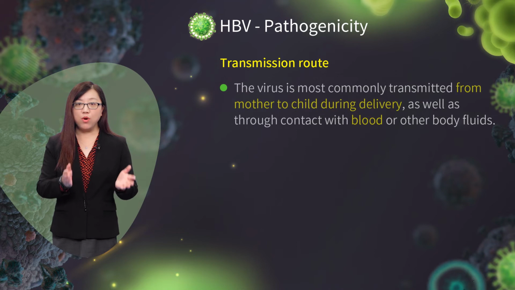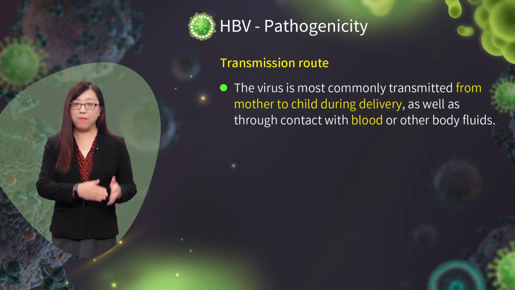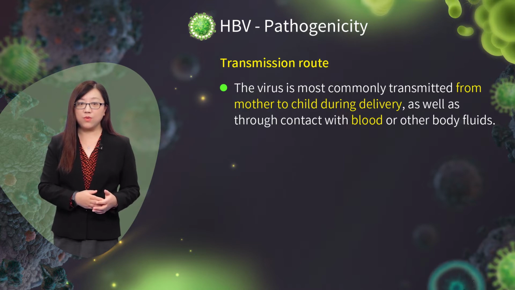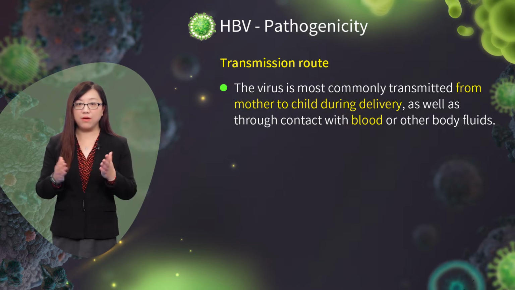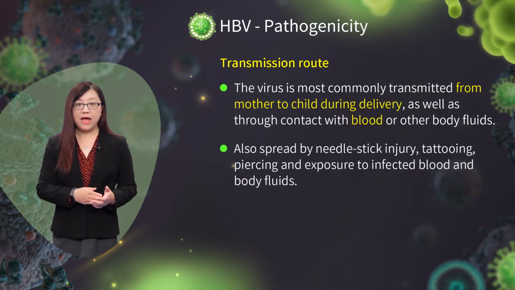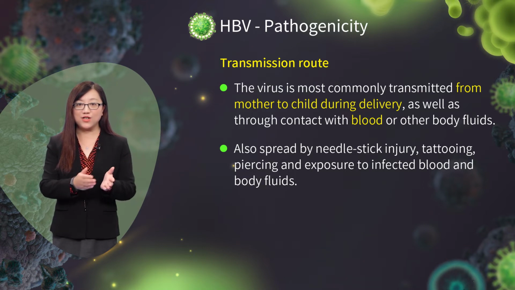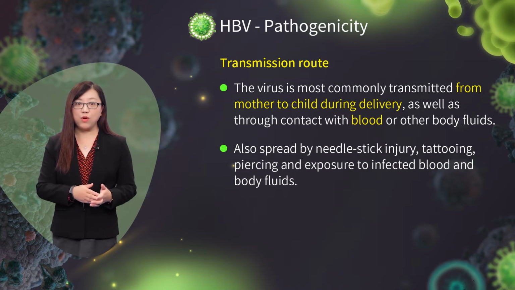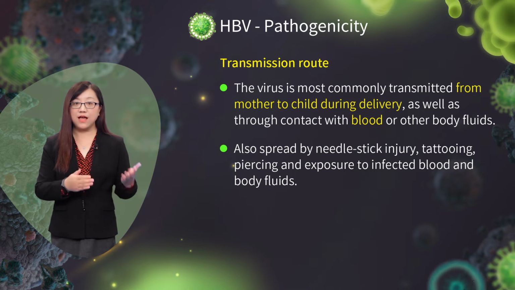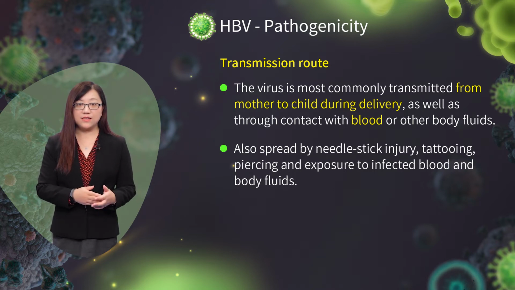The virus is most commonly transmitted from mother to child during delivery, as well as through contact with blood or other body fluids. Hepatitis B is also spread by needle stick injury, tattooing, piercing, and exposure to infected blood and body fluids such as saliva, vaginal, and seminal fluids.